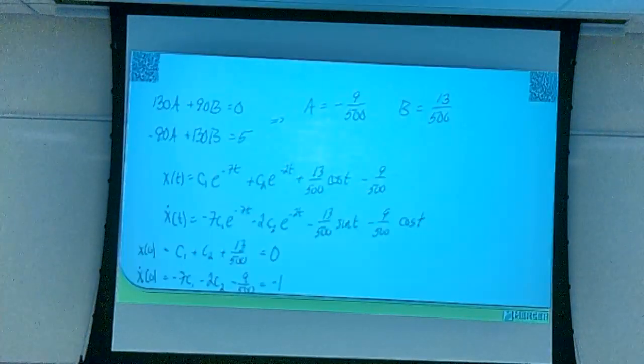That's going to change. Next, x dot. Cosine, that's plus sign.